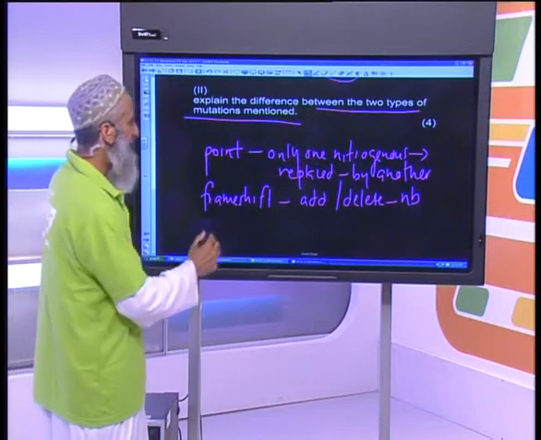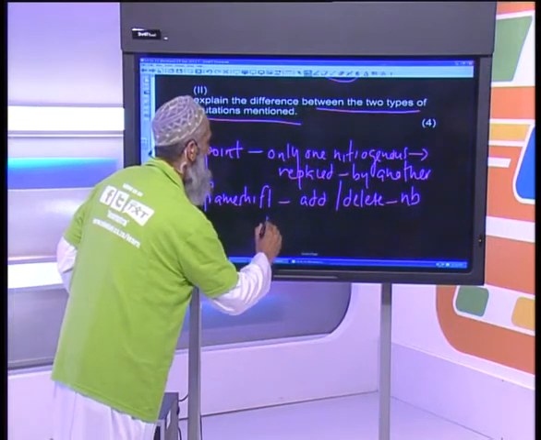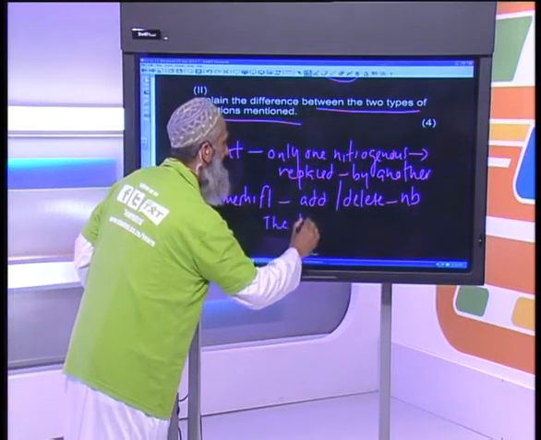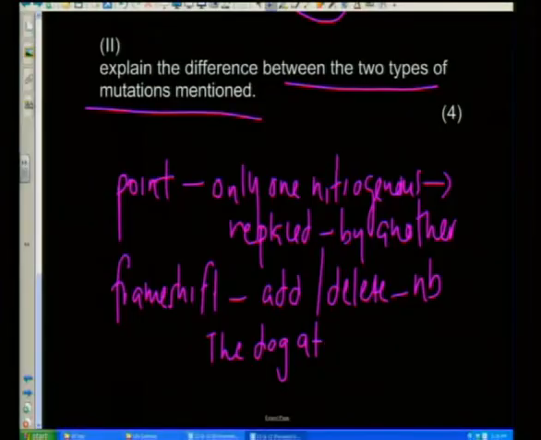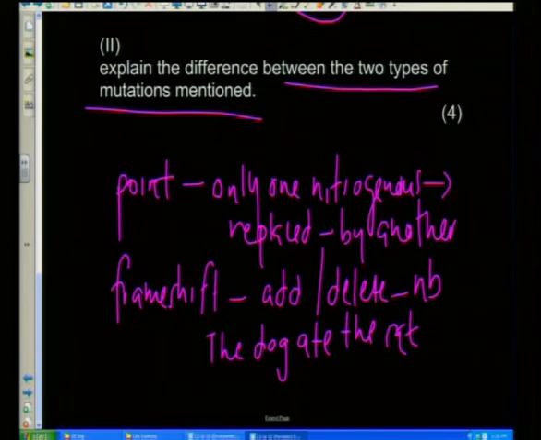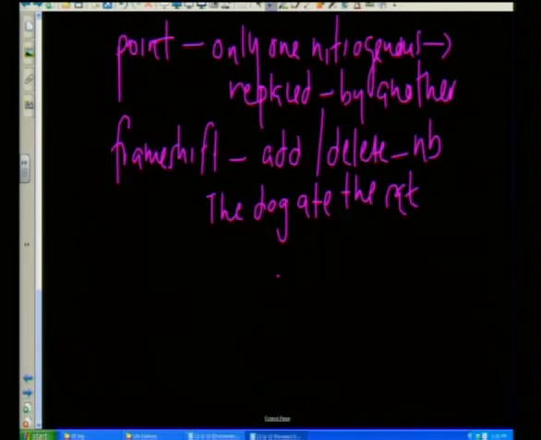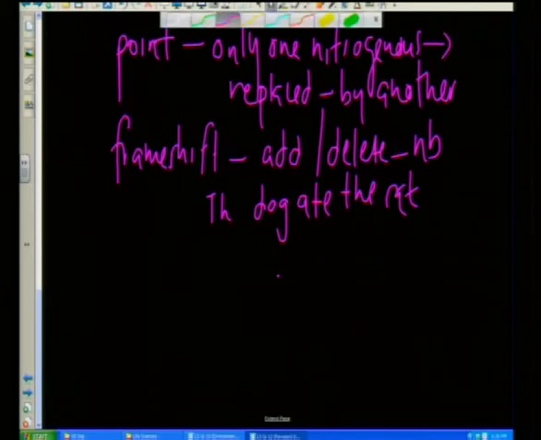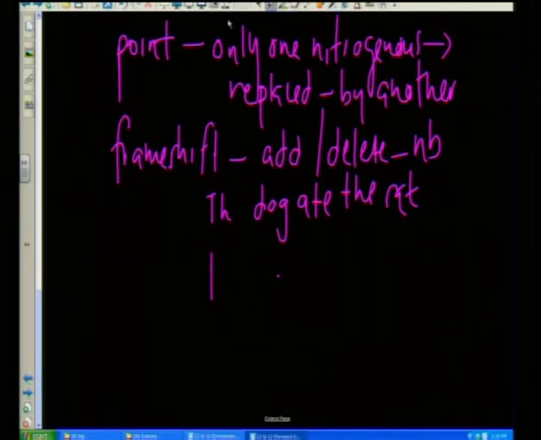Now the famous one they use there: the dog ate the cat. The dog ate the cat. If we remove this one here, then what happens, remember we must have base triplets. Everything moves.